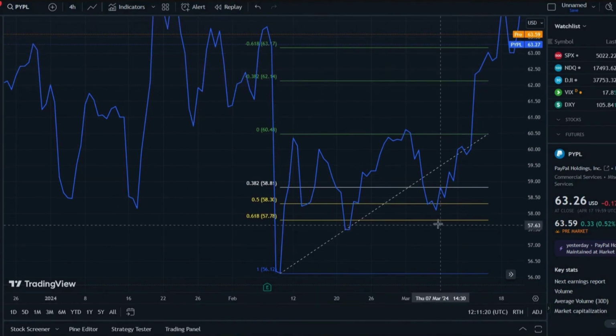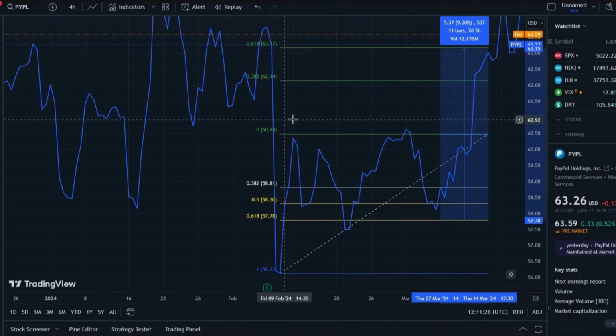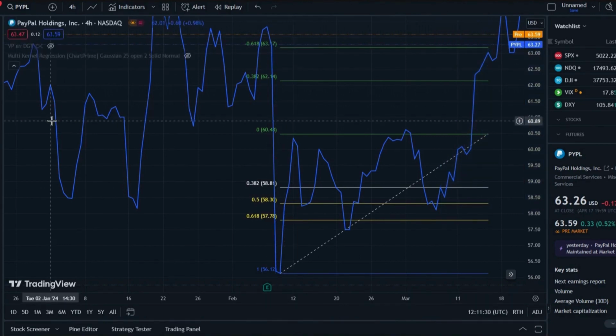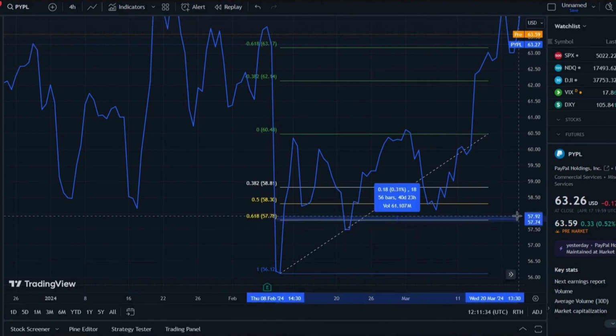So the people who took a long position at this level have about a 10% increase, which is a very good potential, a very good percentage, if you consider that this position took somebody about 1 month or 2 months, almost 2 months.